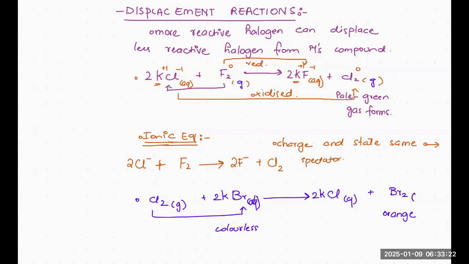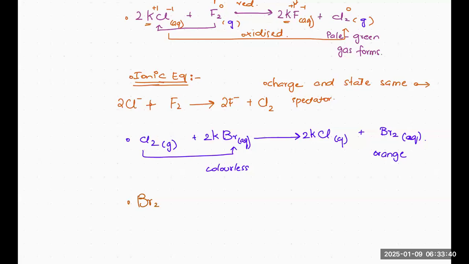Then what if we do the reaction between bromine and potassium iodide? Once again, bromine is more reactive than iodine.